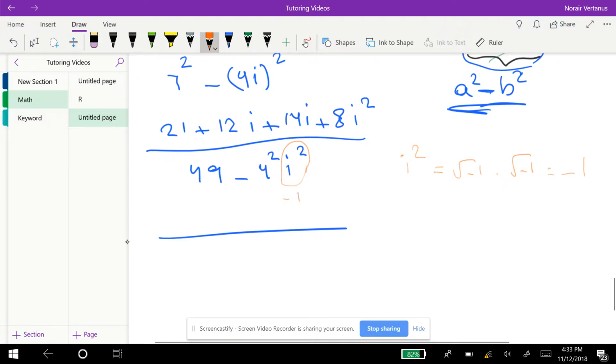So negative 1 times 4 squared, that's going to be 16, and this negative and this negative together become positive. So in the denominator, I'm going to have 49 plus 16, because 4 squared is 16.